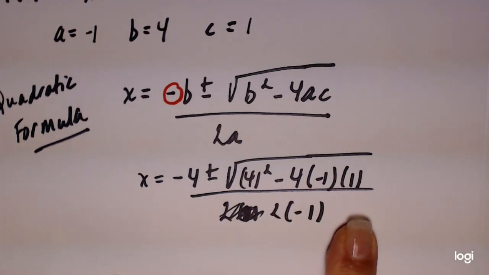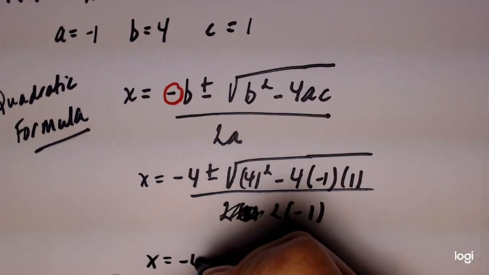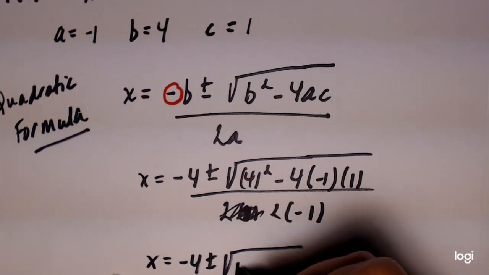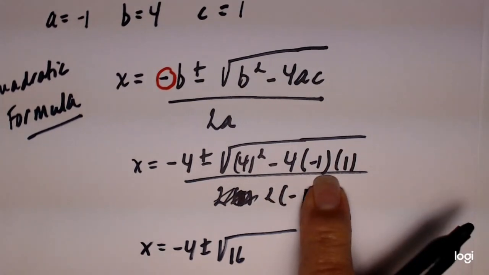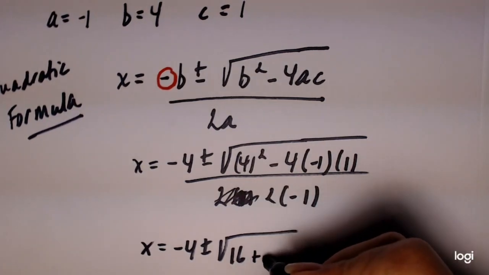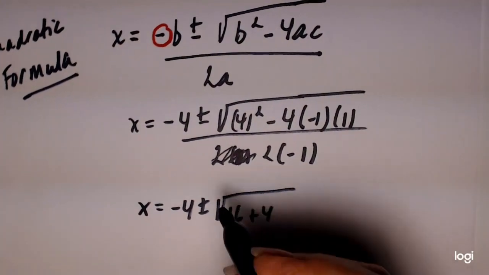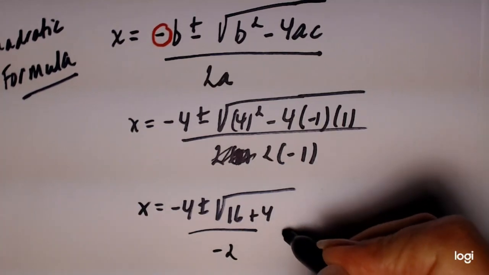Now let's start cranking out the calculations. So x is equal to negative 4 plus or minus 4 squared is 16. And then here, negative 4 times negative 1 is positive 4. Positive 4 times 1 is 4. So we have 16 plus 4 under the radical. And then down here, 2 times negative 1 is negative 2.